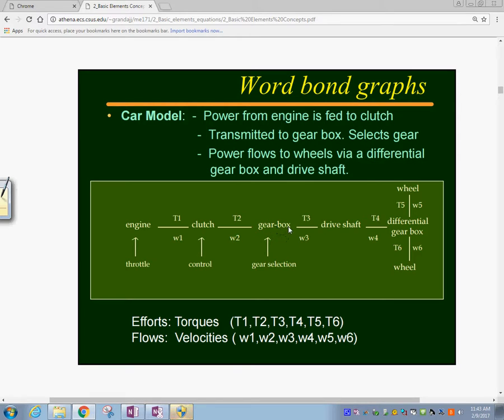That's the purpose here. And through the drive shaft is another element, although in most vehicles it is a circular shaft. It could have some compliance, and so we consider a dynamic element in there.